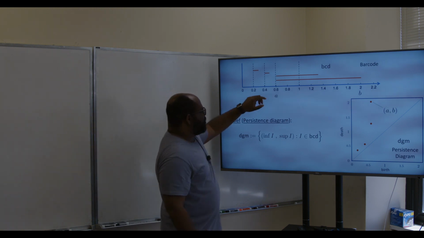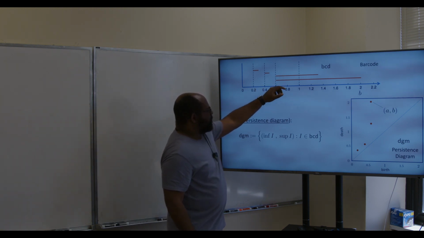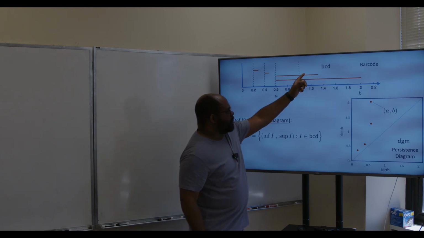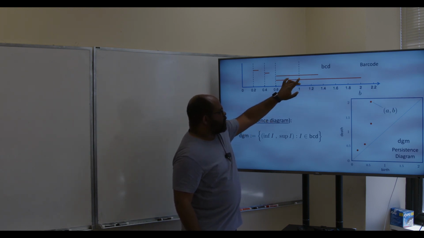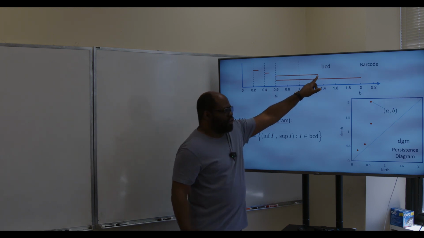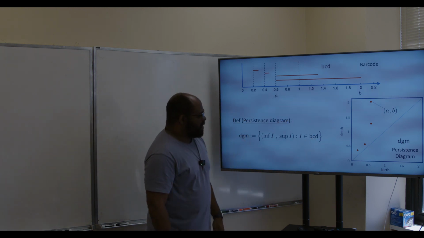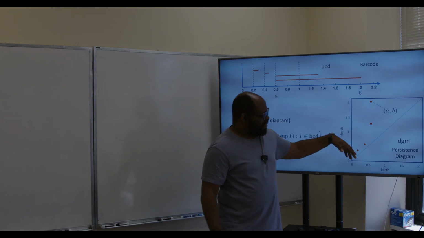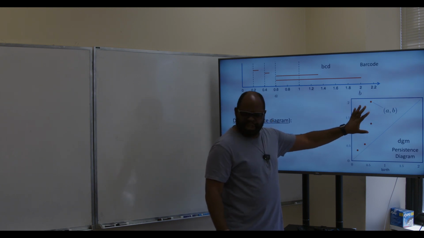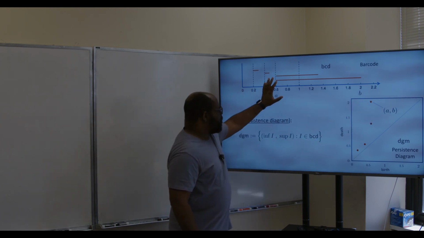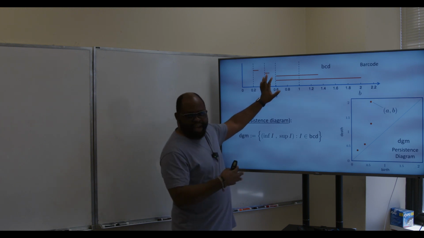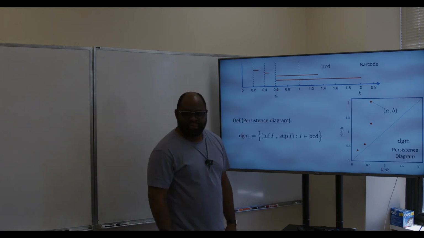Instead of intervals or bars, which represent these choices of compatible bases, you can just record the endpoints of each one of these intervals and put them in a scatter plot. This visualization is typically more useful in machine learning, and I like the barcode when I'm thinking about the algebra behind it all.